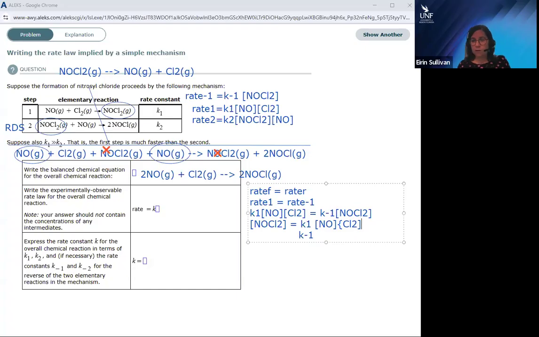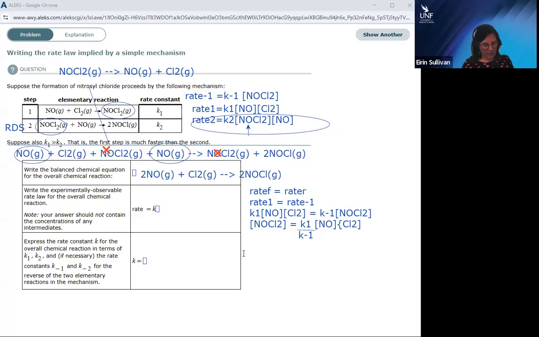So now we can take this and substitute it into our rate law for step 2. We're going to make this substitution right here for NOCl2. So let's do it.